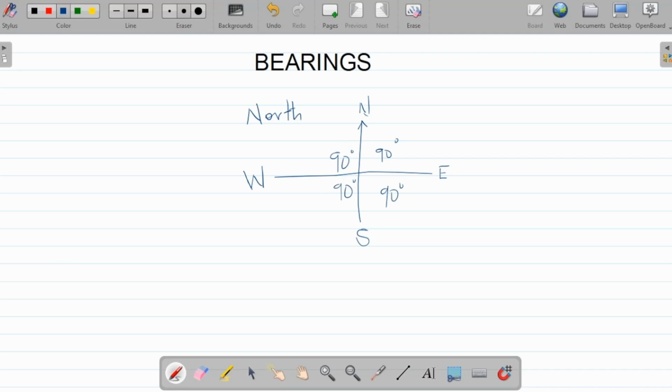So in all, we have four 90-degree angles, or four right angles, and they sum up to 360 degrees. Take note of that.